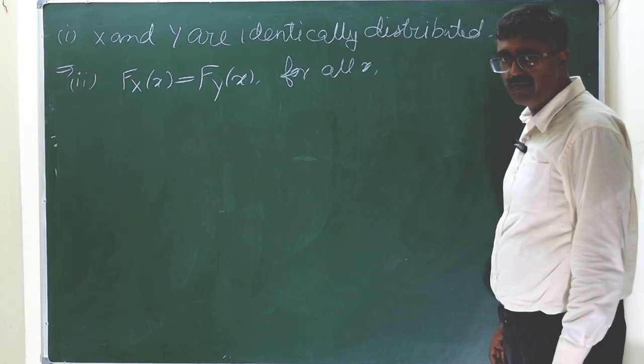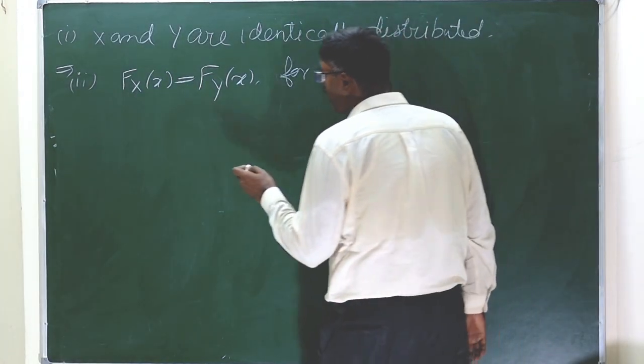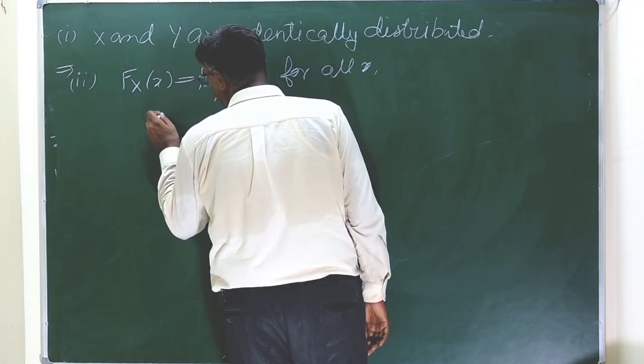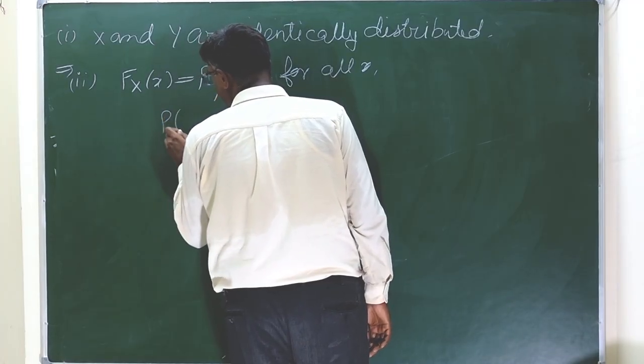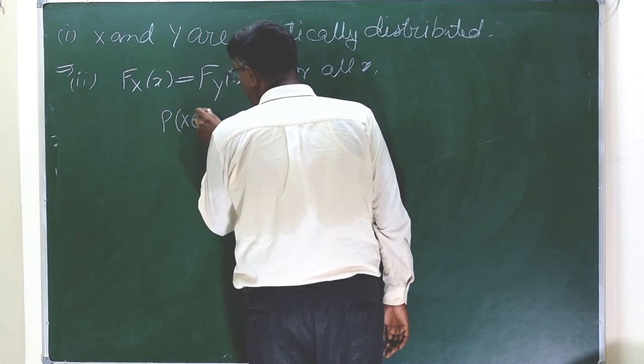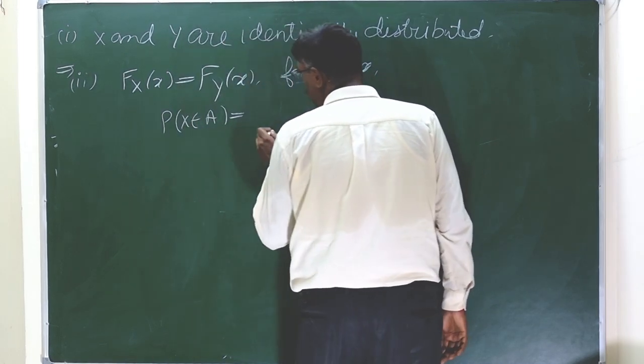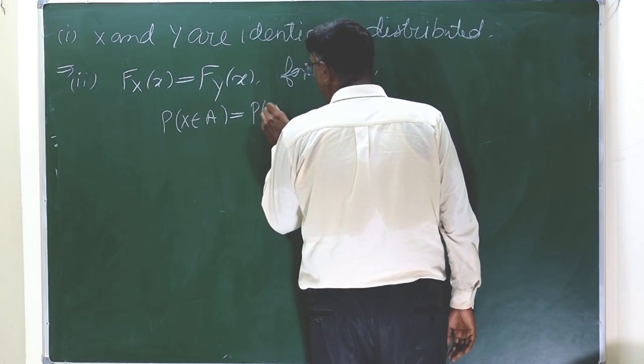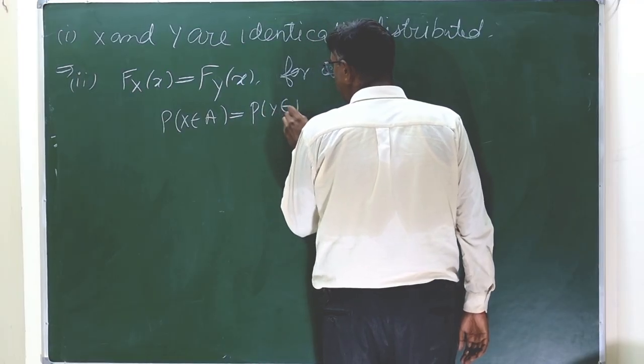To establish this, we have already defined that the probability that X belongs to A is equal to the probability that Y belongs to A.